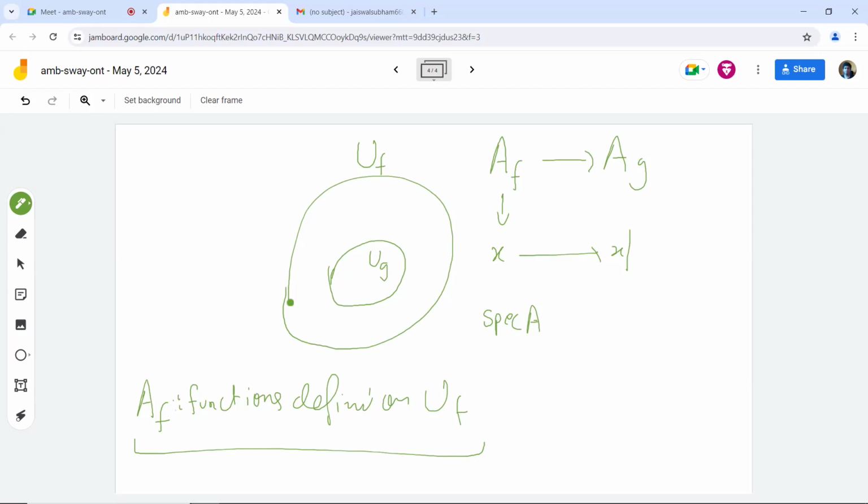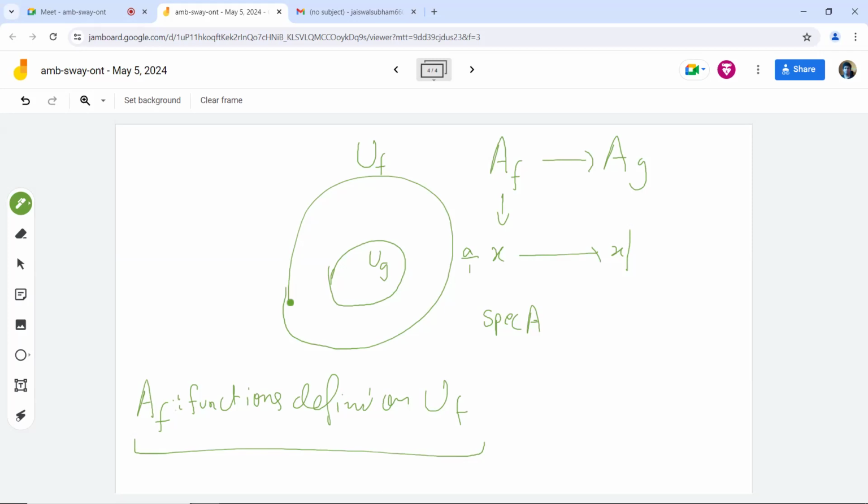They should at least be defined on UF. Yes, so they could be defined on a larger thing. If you take something like a by one, I will say let's build it like this: things like a by one are defined on all primes.